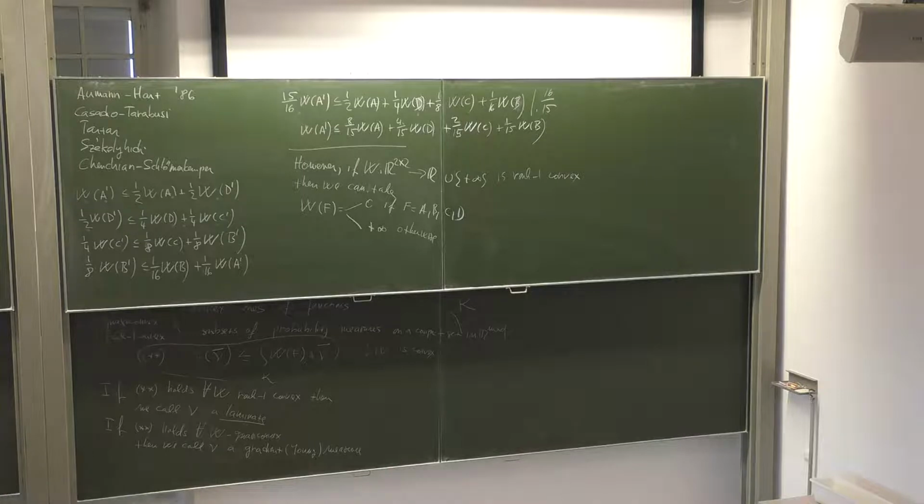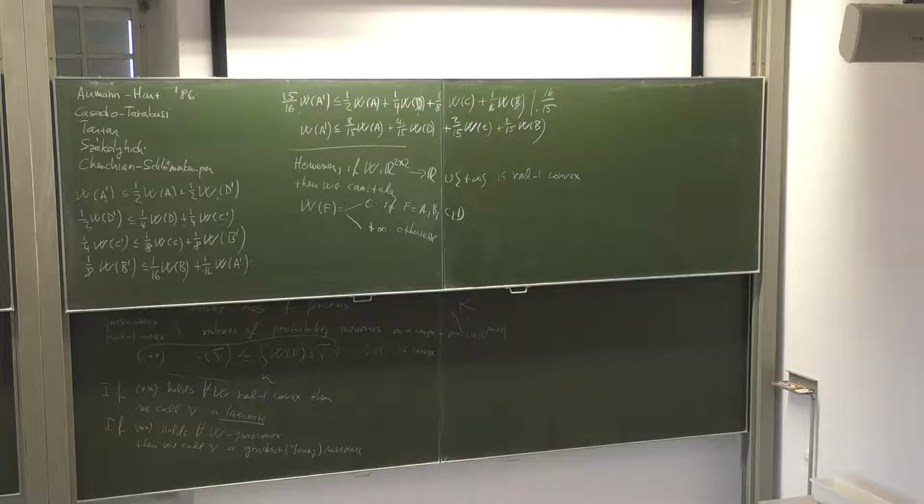So what do we see here, for example? If I take a probability measure which would be supported on A, B, C, and D, and would be such that the barycenter, the first moment, would be here, then I know it's in the convex hull.